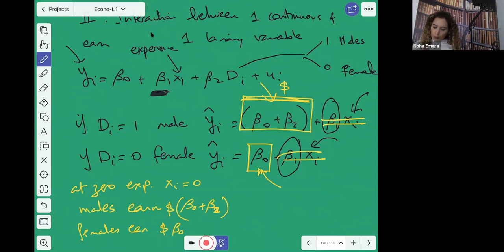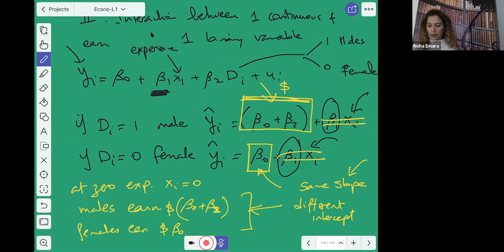So this is what we call a model with same slope, different intercept. So despite the fact that the effect of experience is the same for both genders, at 0 experience they earn different amounts.